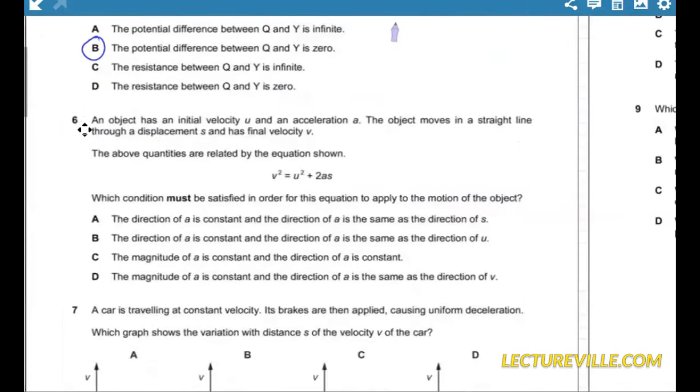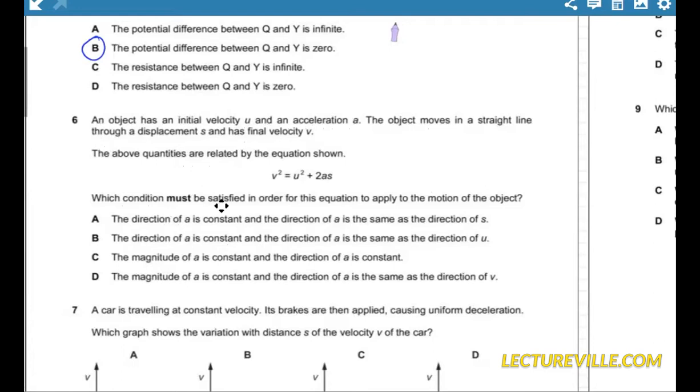Question number 6. An object has an initial velocity u and an acceleration a. The object moves in a straight line through a displacement s and has final velocity v. The above equations are related by these conditions. So he's asking for the condition.